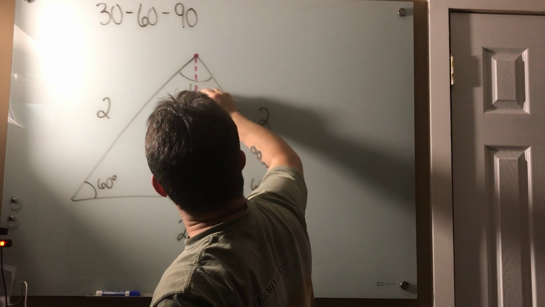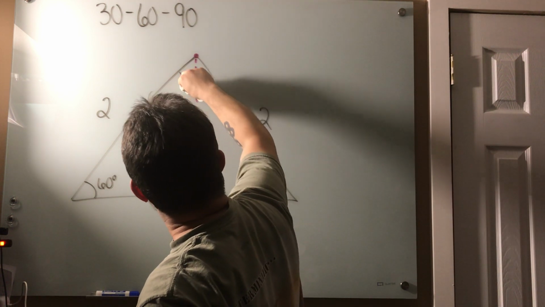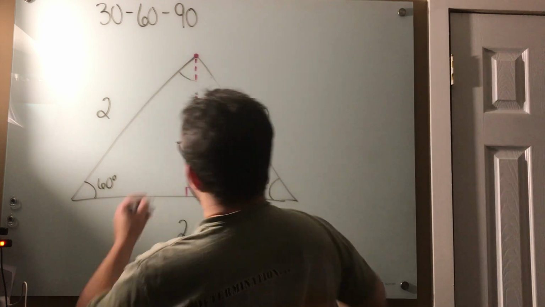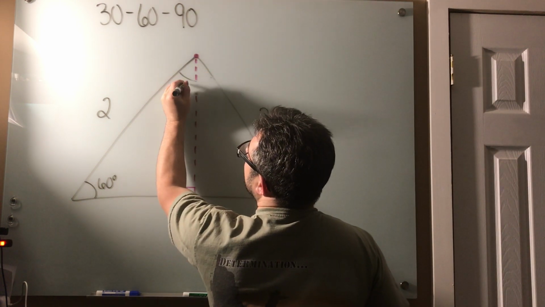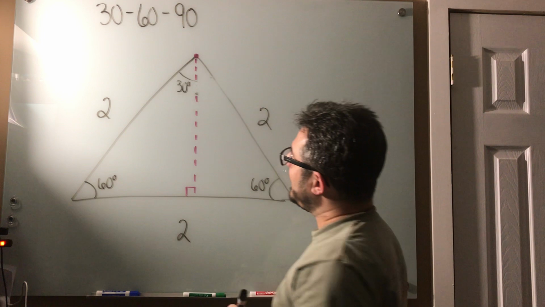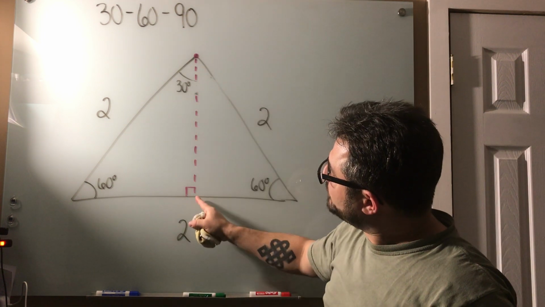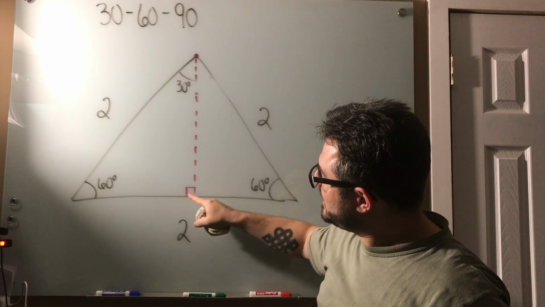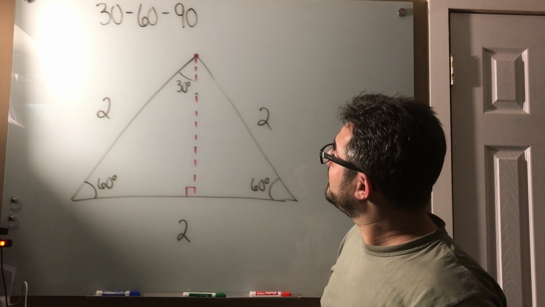So let's now take out that 60 that we have there and realize that this half over here is now only 30 degrees. And because this is perpendicular to the base, this is a 90 degree angle.